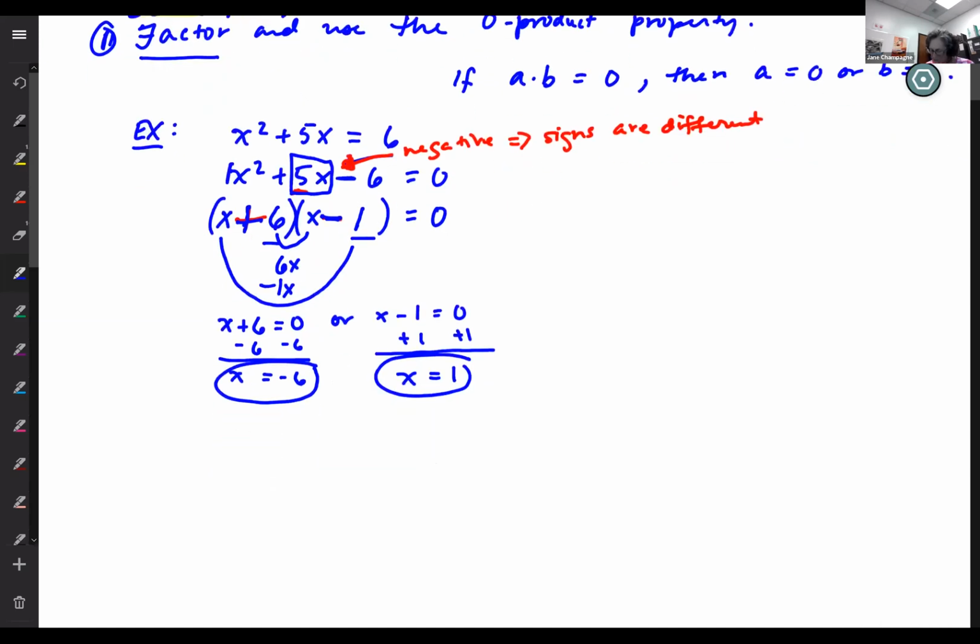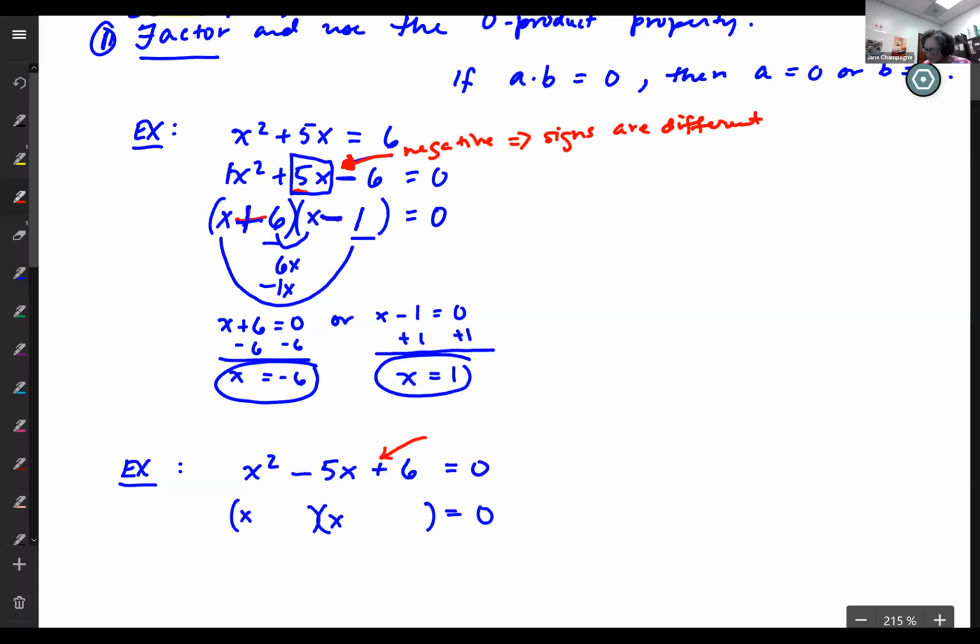Let me show you another example that's similar. What if it was x squared minus 5x plus 6 equals 0? How would that factor? x and x. Now, this is a positive, which means that the signs have to be the same.